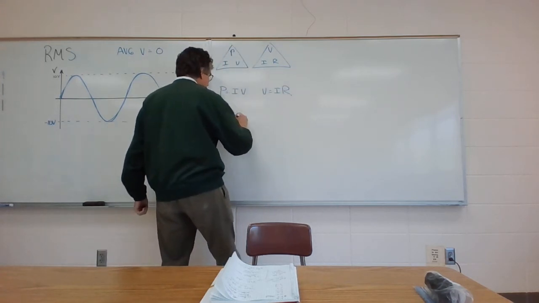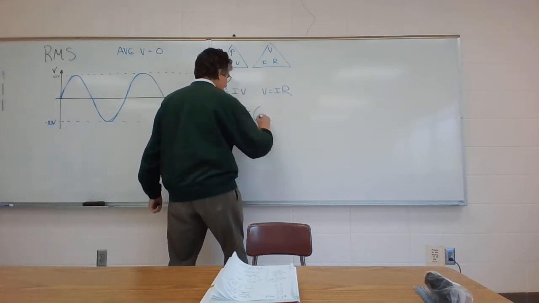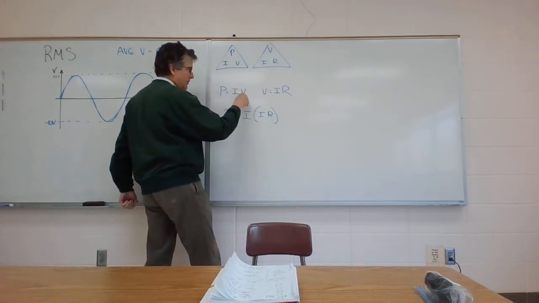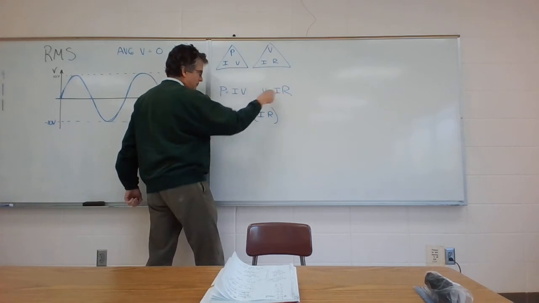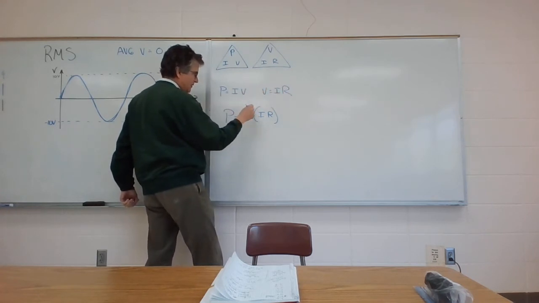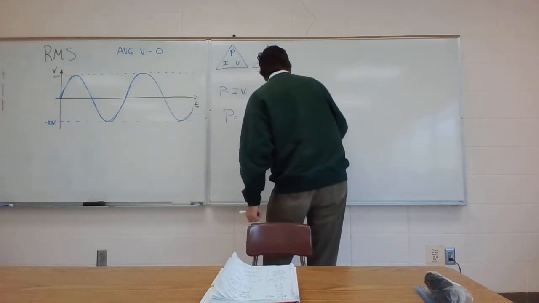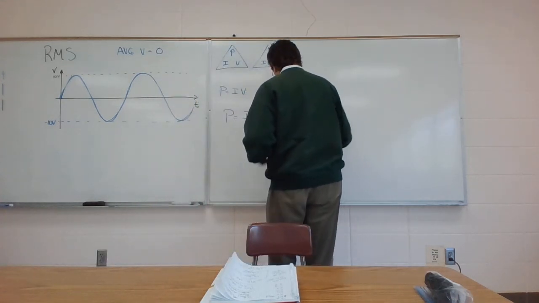So power is equal to I times IR, because I put the current times resistance into the voltage, which is I squared R.